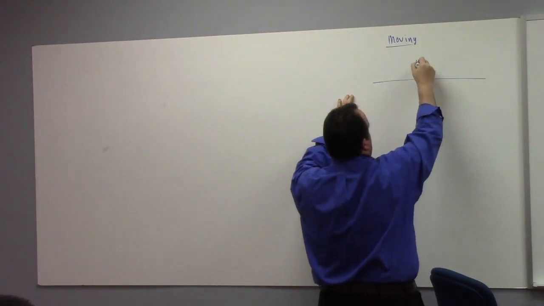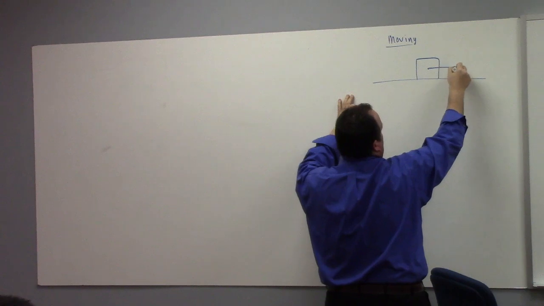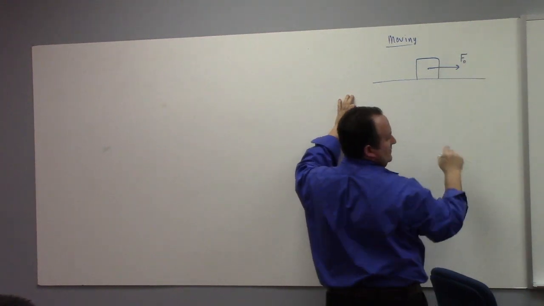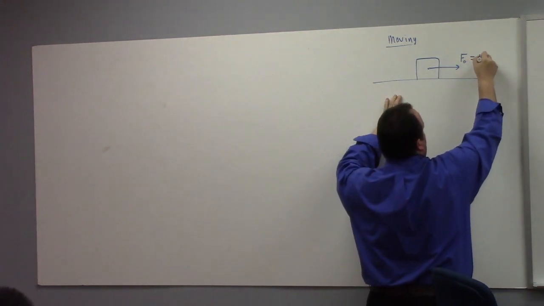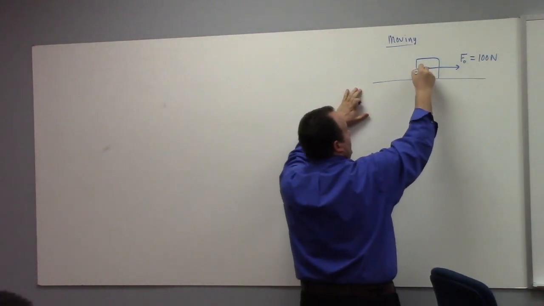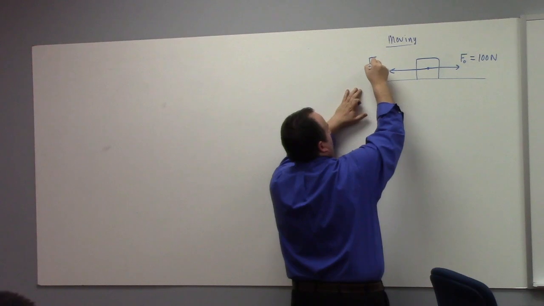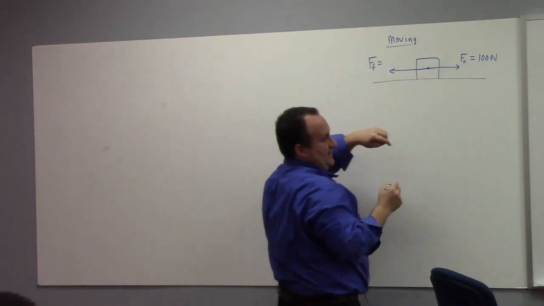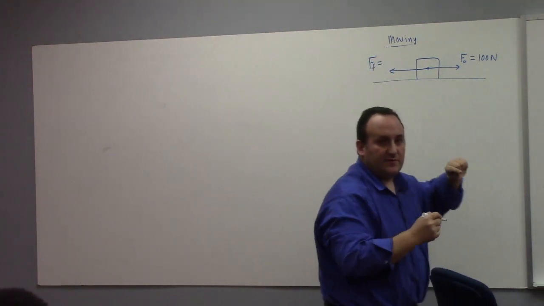So here's my box. I've got my F sub 0, which I told you is 100 newtons. I've got my force of friction this way, and it was equal to 58.8 newtons once it's moving.